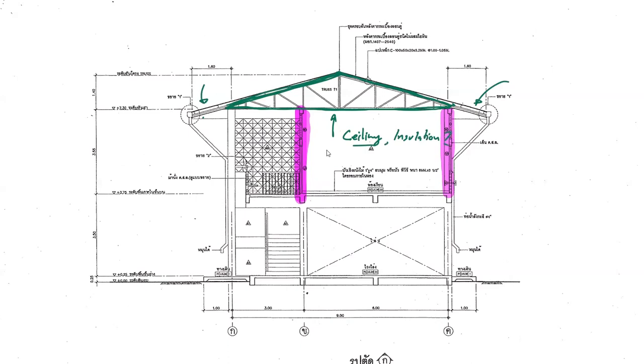Okay, they're not that heavy, but it would be nice if it has been included in your consideration, because in the future the architects may come and ask, hey, is it okay if we add ceiling? Because nobody wants to see the truss in the room. Even if this is not a school, maybe it's an apartment or something, if they ask you like that, out of politeness, it generally means they want to add it. So you better be prepared for this and add some more load in here.